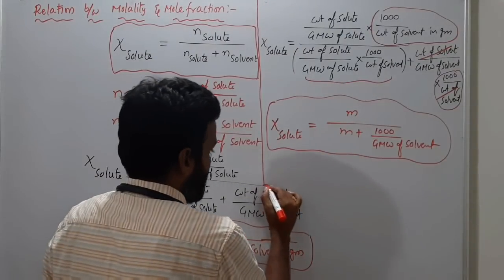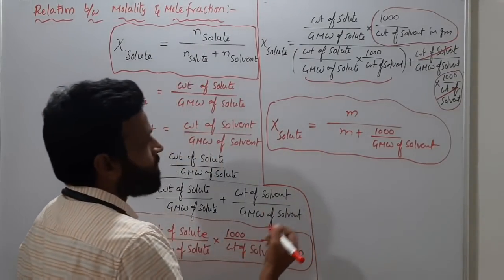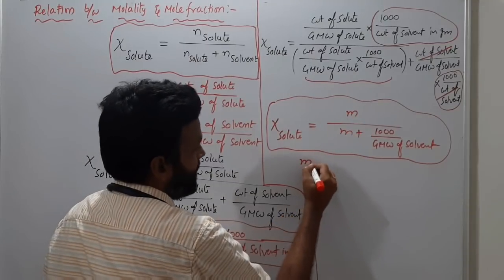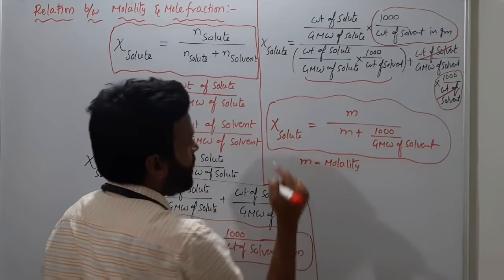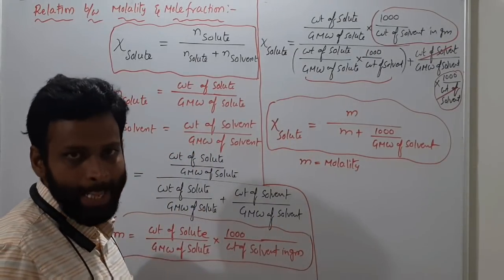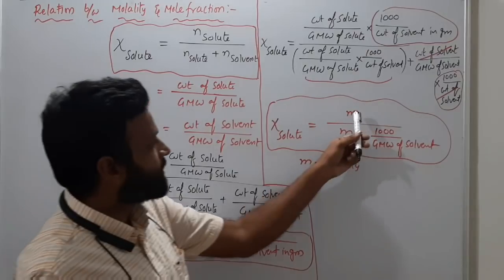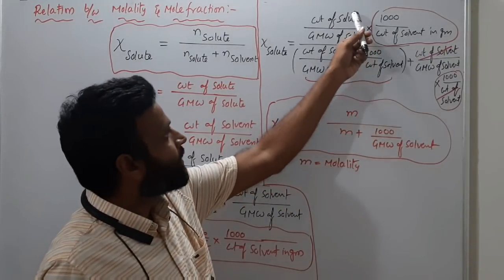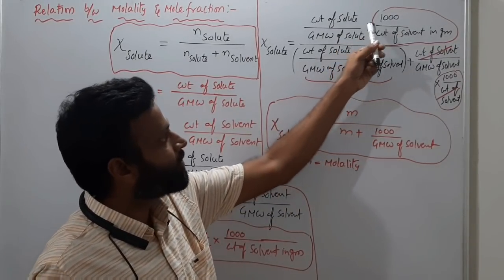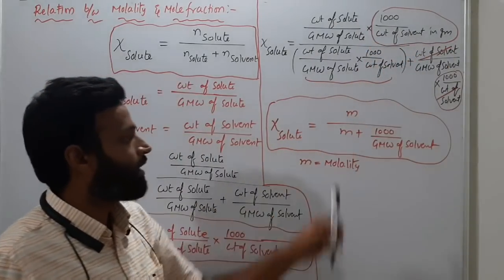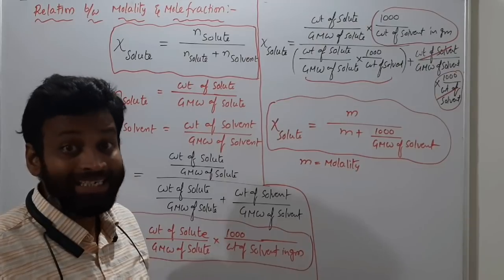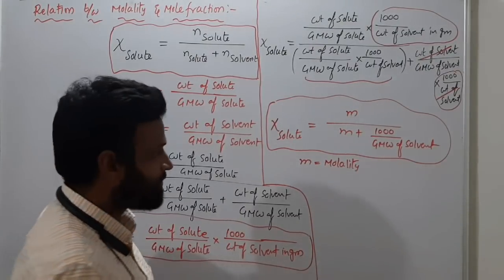So what I have finally here, what is m? m means molality. This is mole fraction of solute. Why this is m I wrote? Numerator: weight of solute by gram molecular weight of solute into 1000 by weight of solvent in grams. That is called molality, small m. Getting what I am saying?